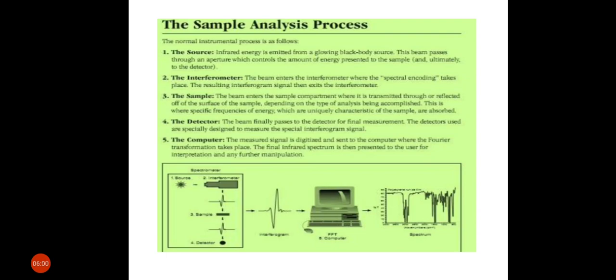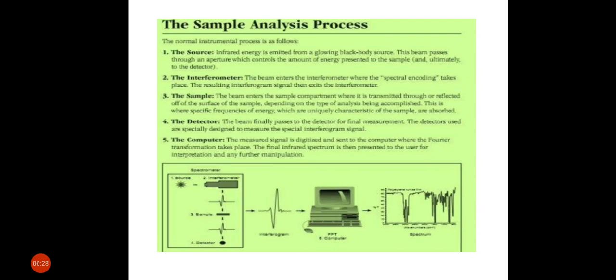Since no absorption occurs for the 100, 200, 300 wavelength light, completely 100% transmission happens for these wavelengths. This transmitted light is detected by a device known as the detector, which is present inside the spectrophotometer.